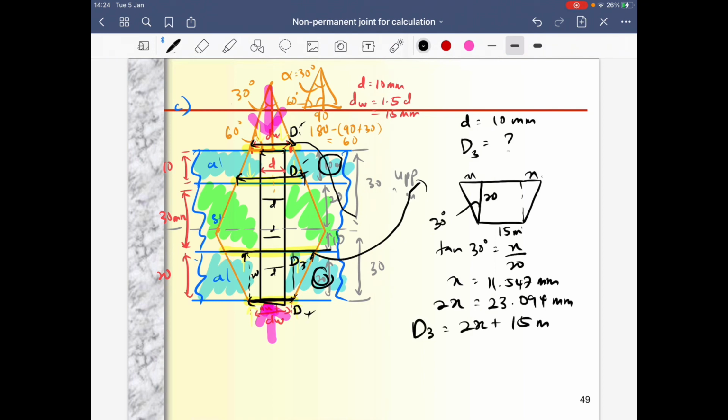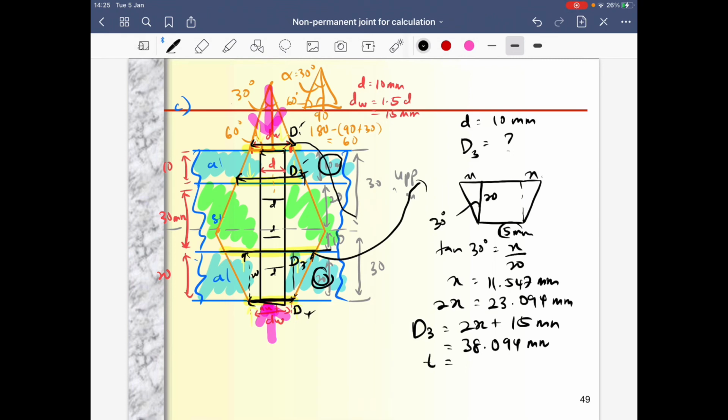Because D3 is 2x plus 15 mm, plus 15, it becomes 38.094 mm. So you do the calculation. We also need to know the thickness.